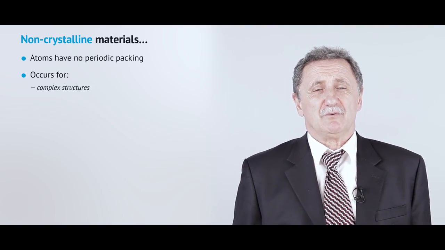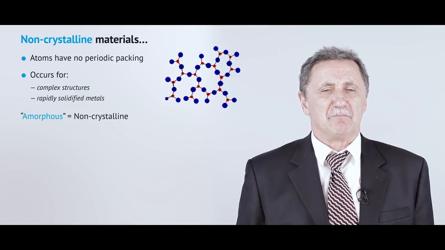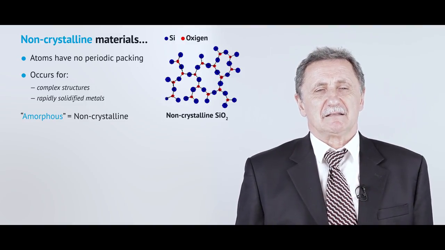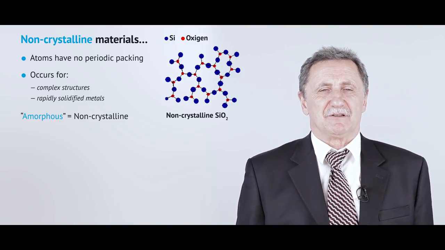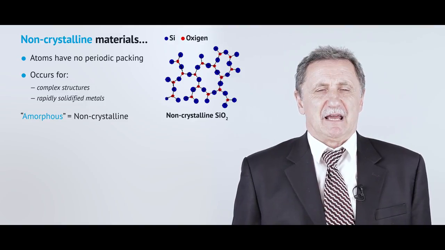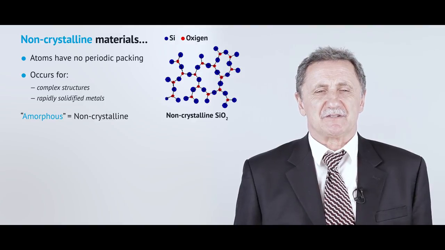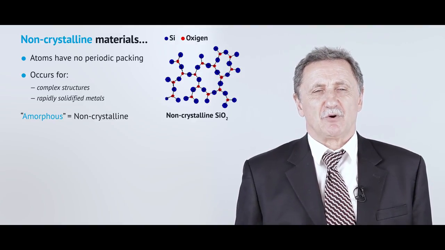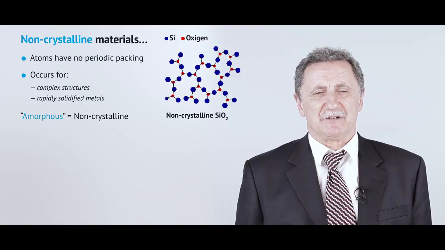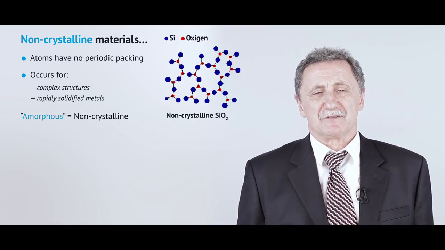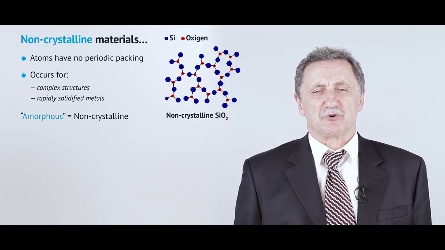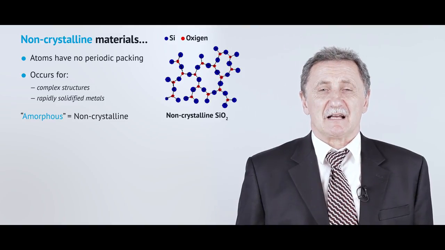However, you also know that in some cases, the same millions of atoms are not arranged in these nicely arranged structures, and they don't have the periodic packing over a large distance. In this case, we are talking about non-crystalline materials, amorphous materials. One of the best examples, which for sure you know, is glasses.